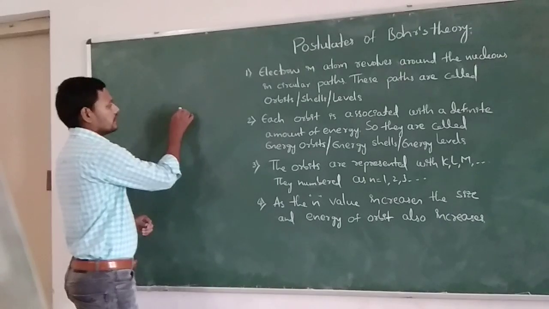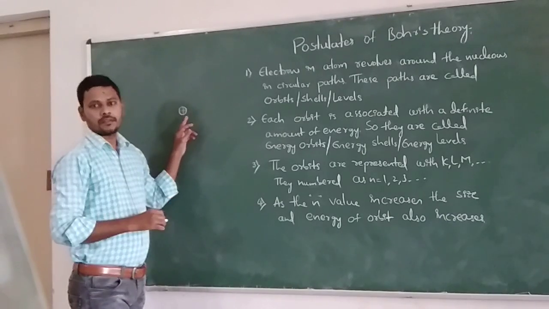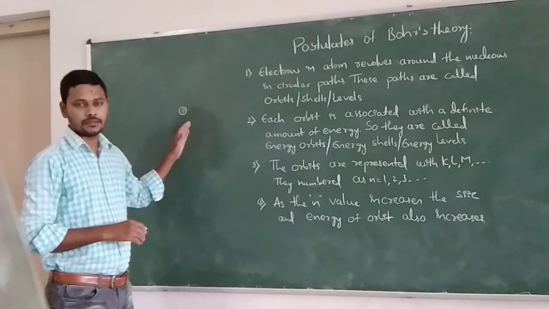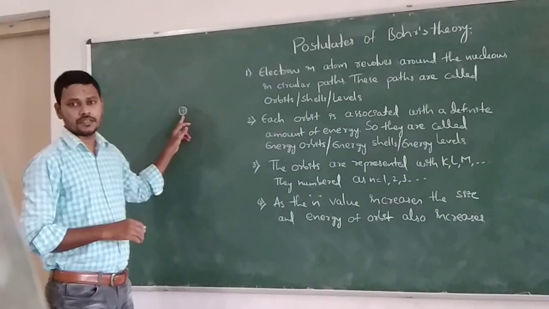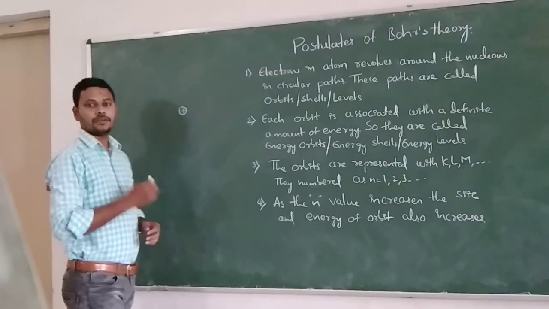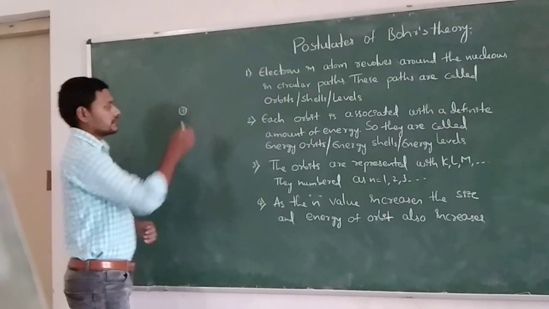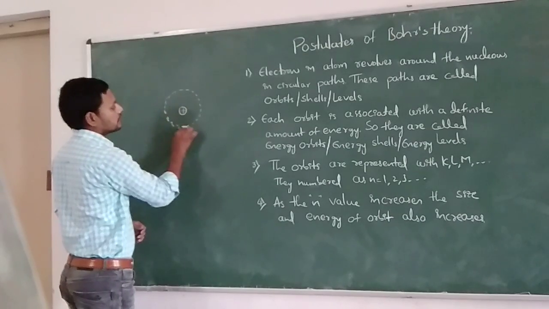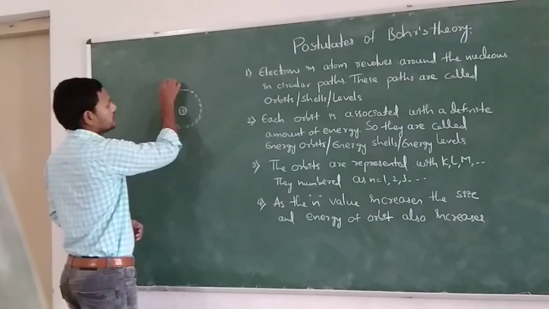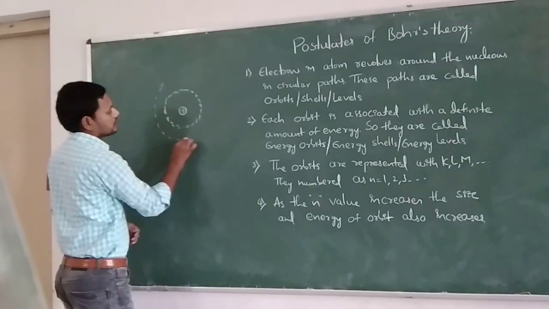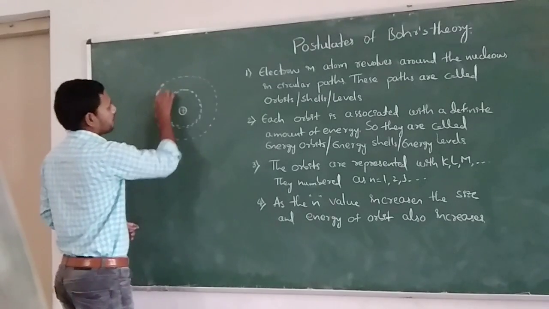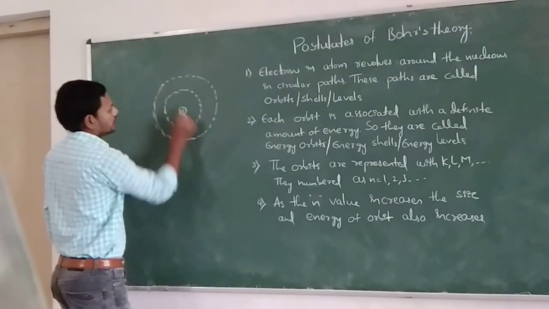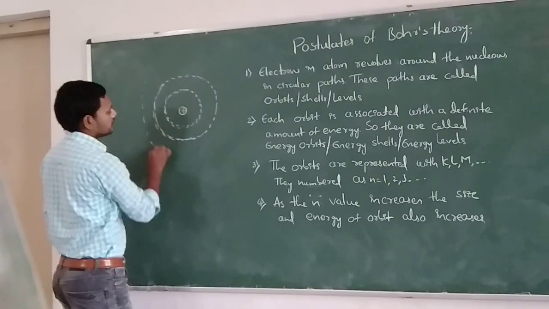Let me take one example. This is the nucleus having protons and neutrons, because of that it has a positive charge. And electrons are rotating around the nucleus in circular paths. This is the first circular path around the nucleus, and the second circular path, and the third circular path.